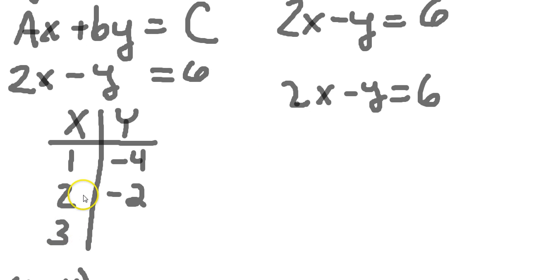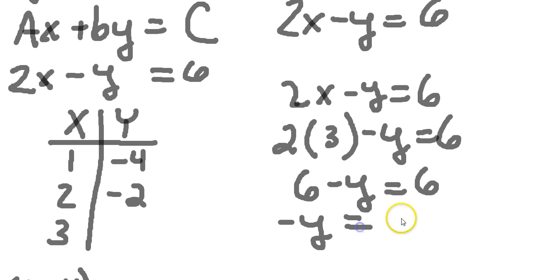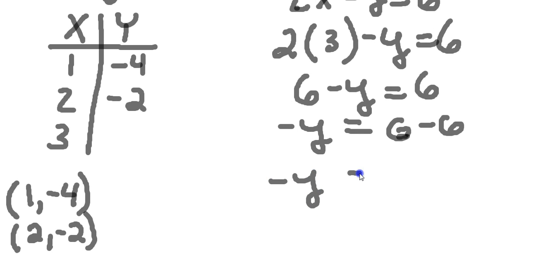Let's put our last number in. Our last x value we chose was a 3. So we plug it in for our x: 2, open 3 close, minus y equals 6. Do the multiplication, 2 times 3, which is 6, minus y equals 6. Again, getting y by itself, move the 6 to the other side. Negative y equals 6 minus 6, so negative y equals 0.